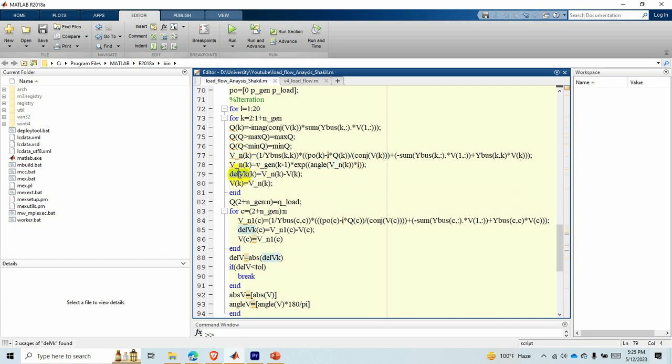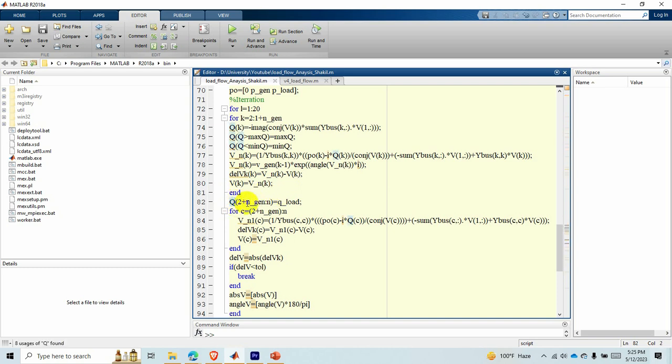After that I calculate the del V by subtracting the old value from the new value, and after that I replace the old value with the new value because I have to calculate the next voltages by using the new values.